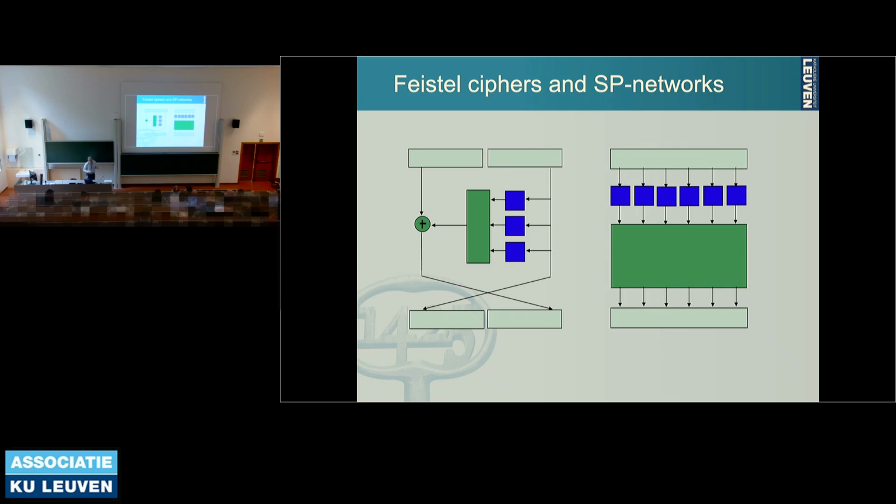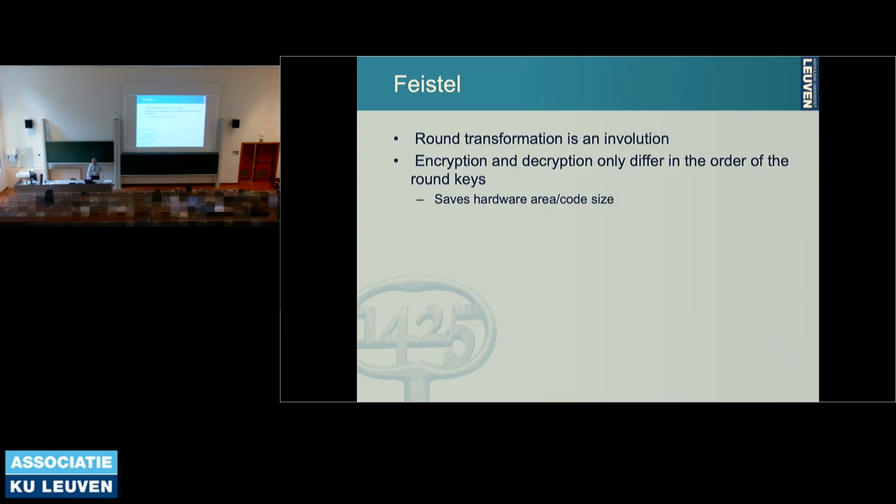What's the reason for this special structure? It makes the round transformation an involution, so it makes it its own inverse. That means if you live in the 70s and the hardware that you can design is still very simple, where you have gates that have to be hand-wired to other gates, then you have to implement only one round, and it can do both encryption and decryption.